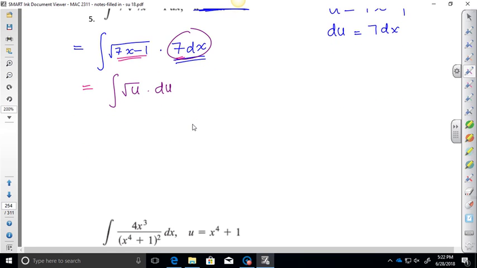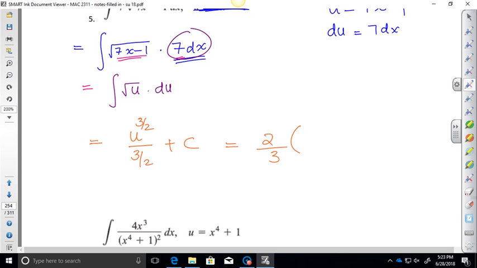What's the integral of square root of u? U to the 3 halves divided by 3 halves plus c. U to the 3 halves divided by 3 halves, which is the same as 2/3. Okay, now I'm going to change u back to the original.